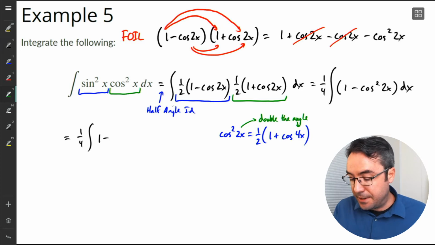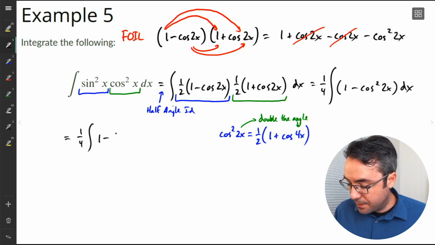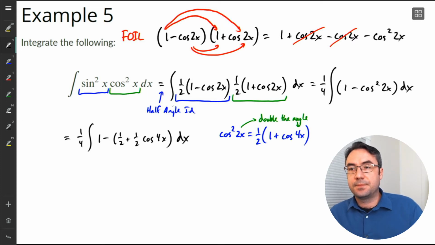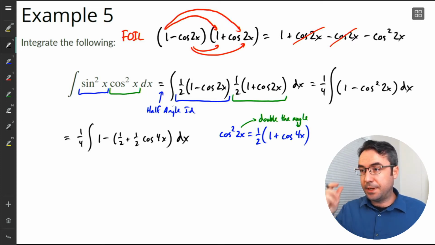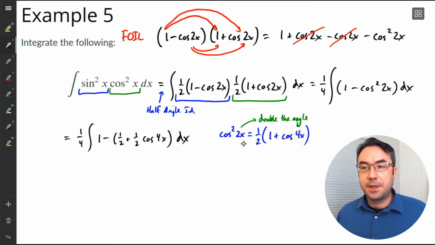And let's fill that in, and let's distribute that 1/2 now. So we'll end up with 1/2 plus 1/2 cosine of 4x dx. Okay, so we just distribute that 1/2 through.